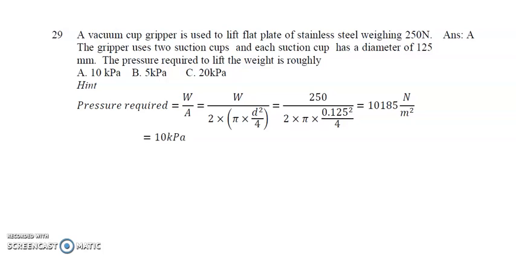That is equal to 10,185 Newton per meter square. We know 1 Newton per meter square is equal to 1 Pascal. So 10,185 Newton per meter square is equal to 10.185 kilopascal, or roughly 10 kilopascal.